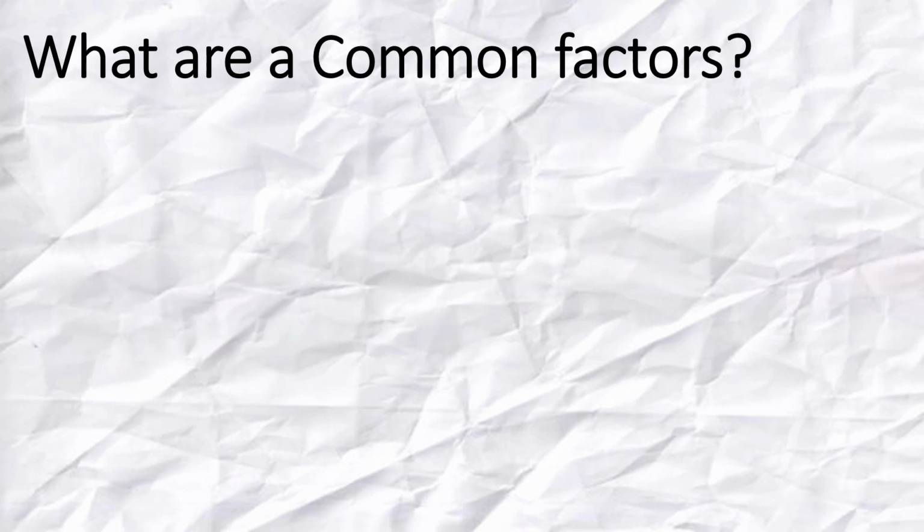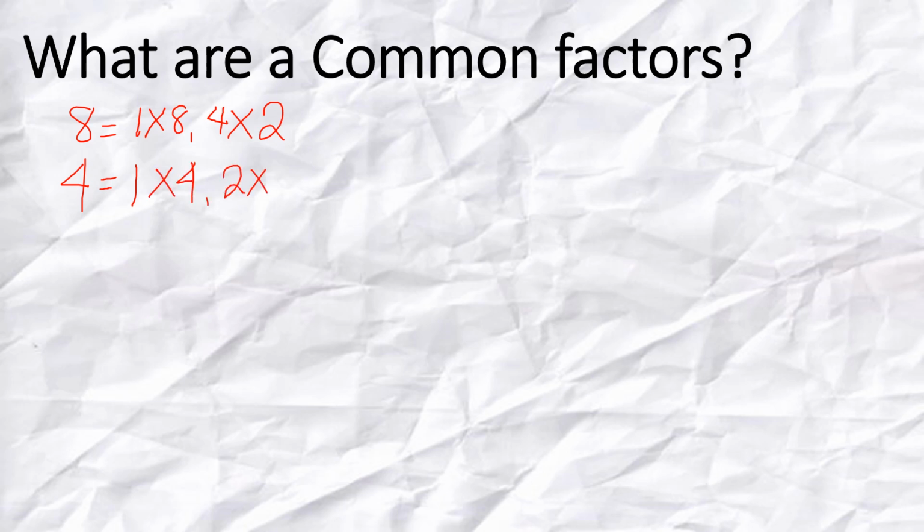For example, we have the given numbers 8 and 4. If we give the factors of these two numbers, for 8 we have 1 times 8 and 4 times 2. For 4, the factors are 1 times 4 and 2 times 2.